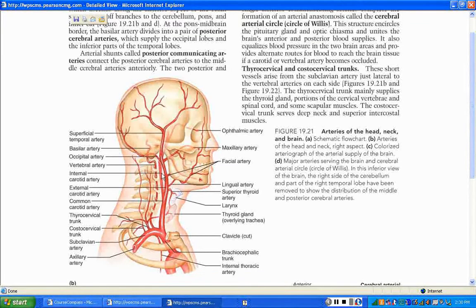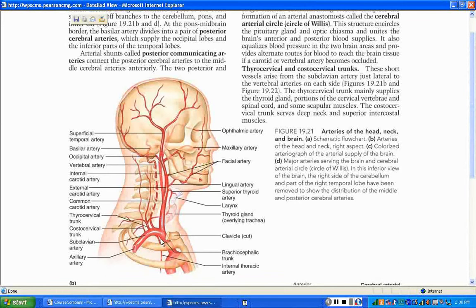Of course, carotid. Which one do you think is feeding the brain? Internal, doesn't that make sense? The internal.